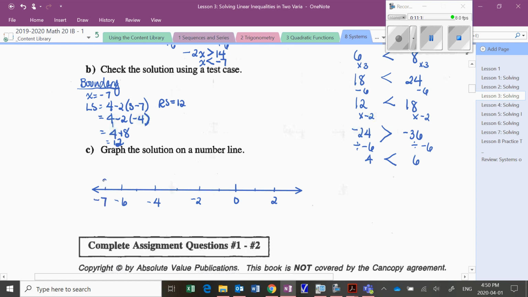So we are looking at graphing it, and it's an open circle because it's up to but not including that value of -7, and so that tells me that boundary point is on -7.